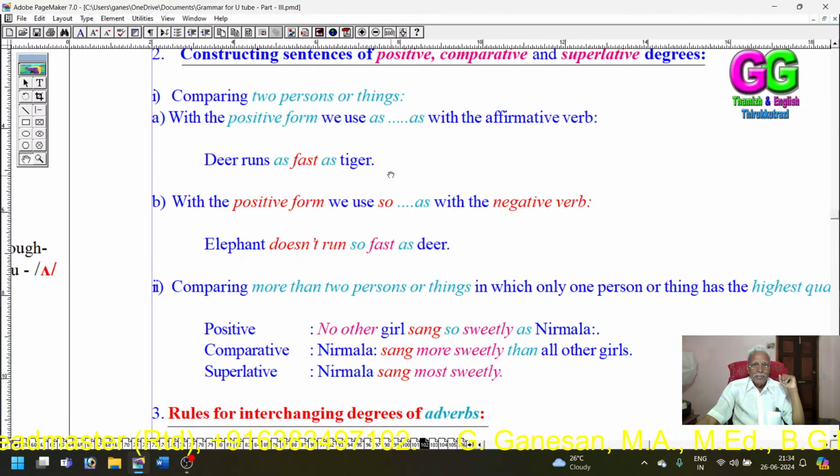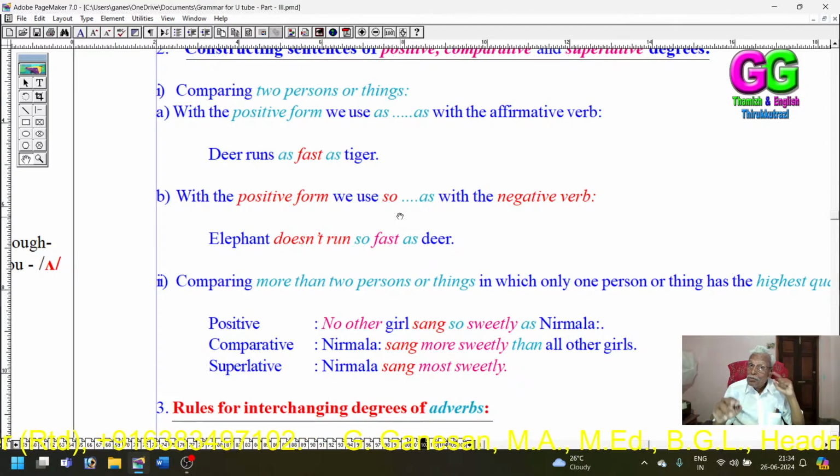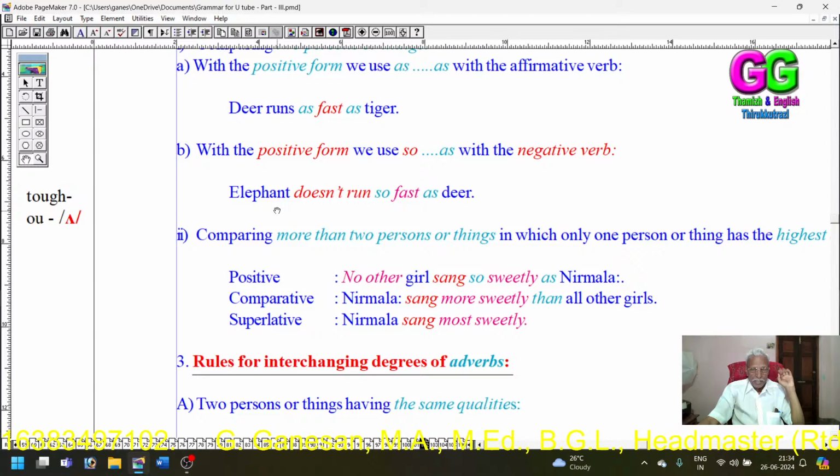Then, when comparing persons or things having different qualities, the scale used in positive degree is so... as. Example, elephant doesn't run so fast as deer.